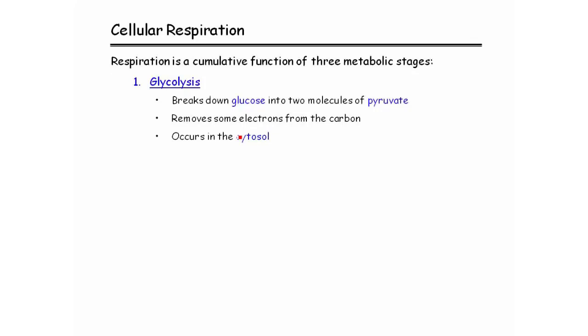Glycolysis is going to take place in the cytosol, and the purpose of glycolysis is really just to start the breakdown. By starting the breakdown, we are beginning to remove the electrons from the carbon.